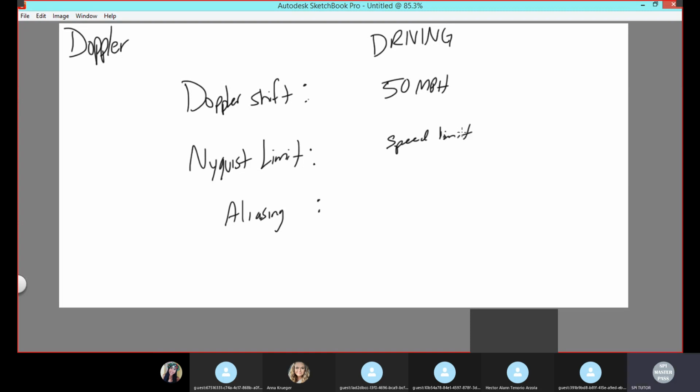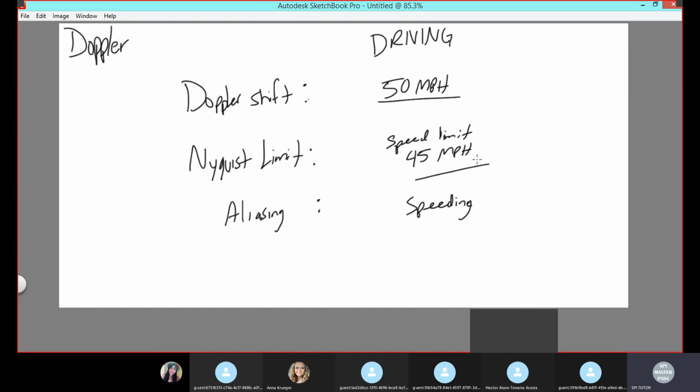And let's say that in this example, my speed limit is 45 miles per hour. So I am driving at 50 miles per hour and my speed limit is 45 miles per hour. In this scenario, I am speeding, because my movement is going above my limit.